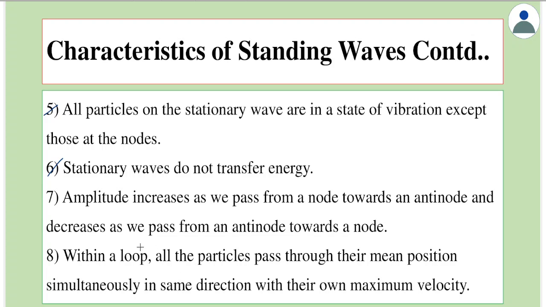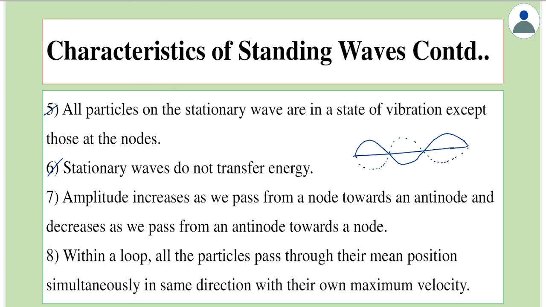And then the next statement is amplitude increases as we pass from a node towards an antinode and decreases as we pass from an antinode towards a node. That is, let us take a case like this where we have a standing wave.